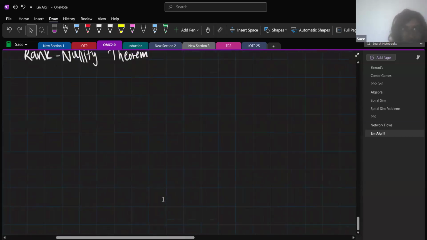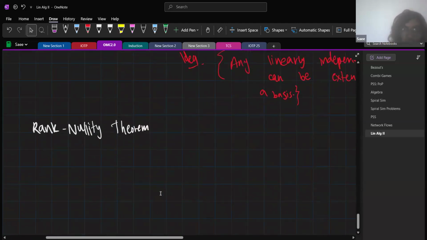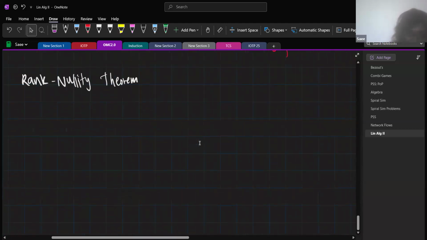Let's do this nice thing. This has a similar idea to this basis extension thing.